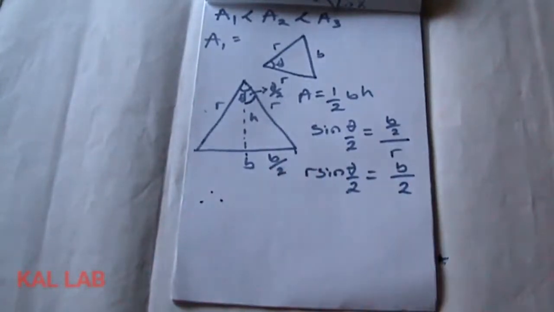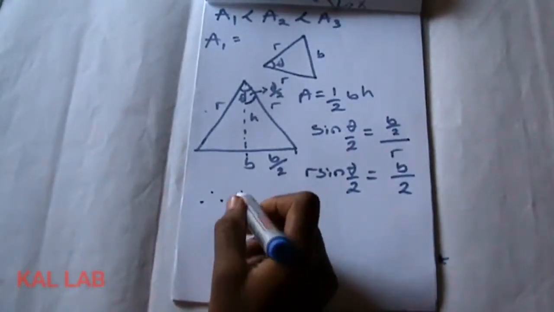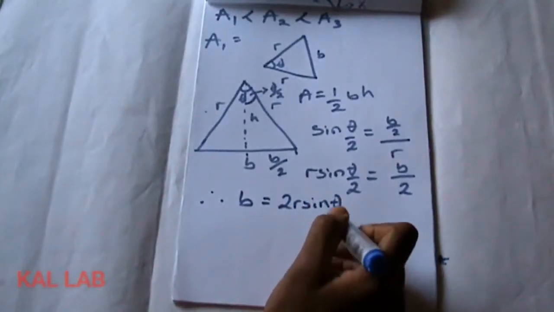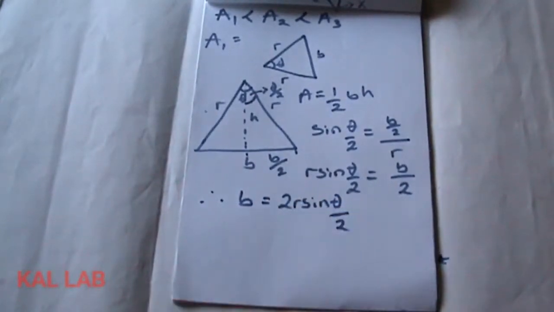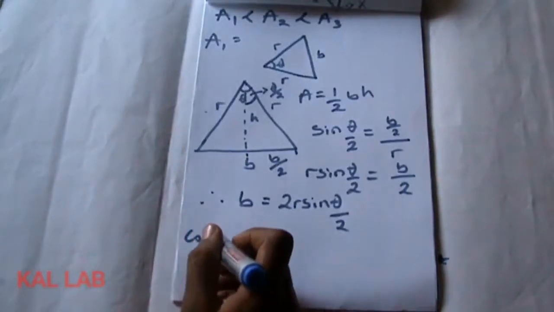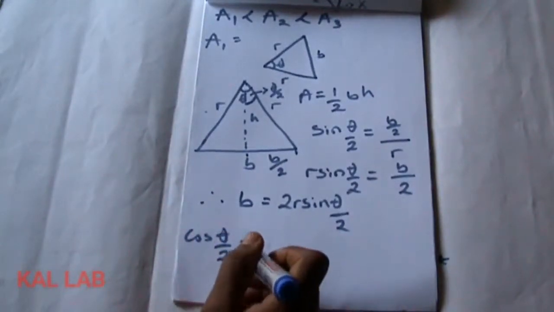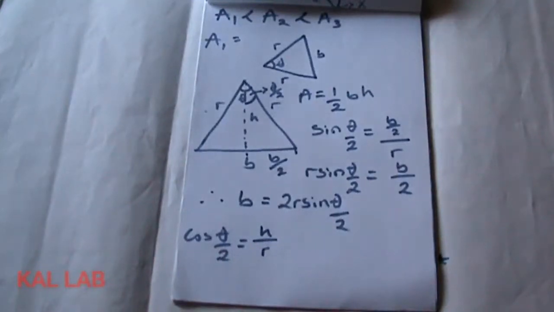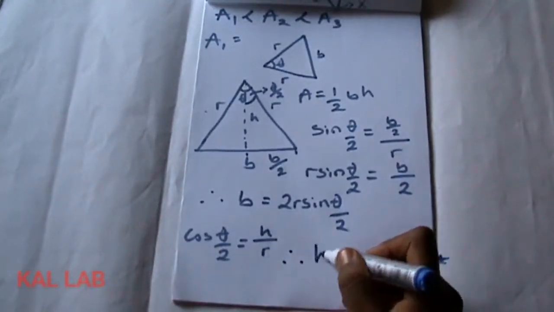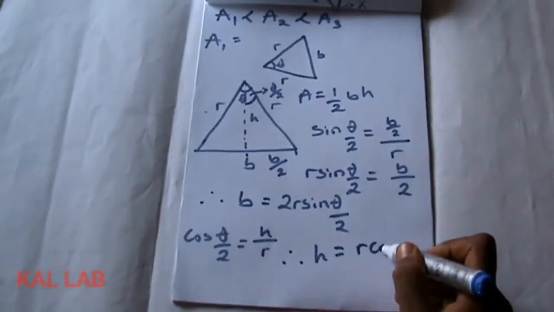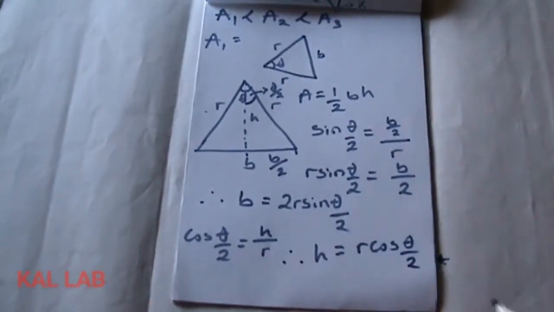Therefore, the base of our triangle is equal to 2R sine theta over 2. Now we have to look for our height. From this same triangle, cos theta over 2 is equal to height over R, so height is equal to R cos theta over 2.